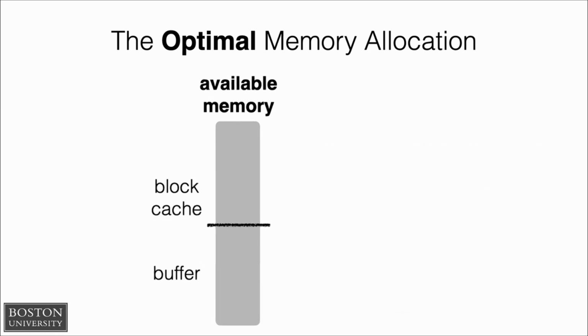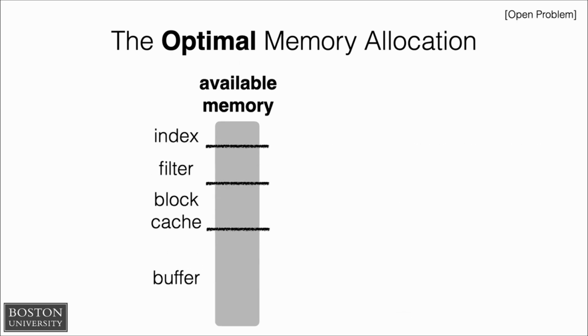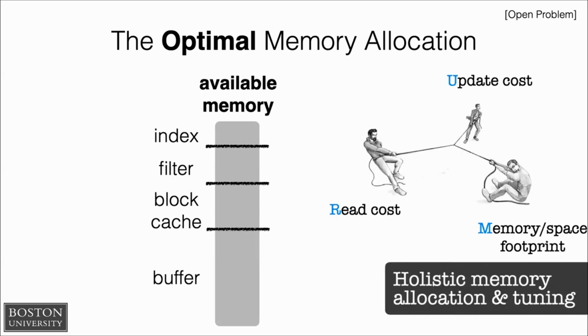So it still remains an open and very interesting problem: can I co-optimize all of them if I have a fixed memory budget? Because in reality, the memory budget is strict for the whole system. It's not about only half of the system. So this is still, I guess, an open problem. It would be very interesting to have a holistic tuning of memory allocation across all the different possible components of the system that require memory.